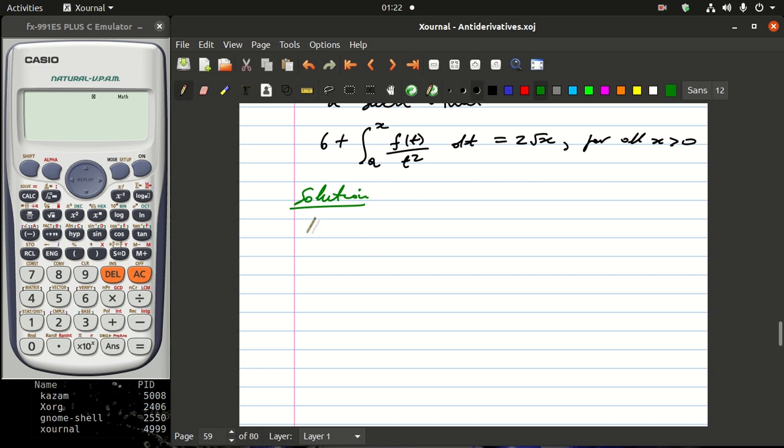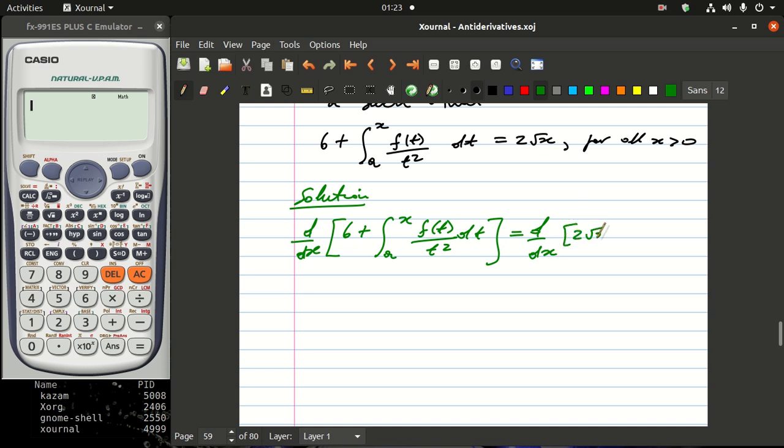So let's take the first derivative with respect to what? Because on this side we have an x, so we'll take it with respect to x. Because here also we have something that is matching that, we're going to take this throughout with respect to x. And then of course we take the derivative of 6 plus the integral from a to x of f of t divided by t squared dt. And because we do not have this, we have to take it on the right hand side also.